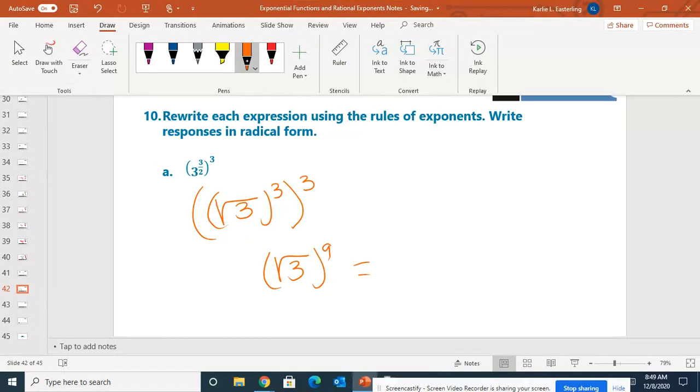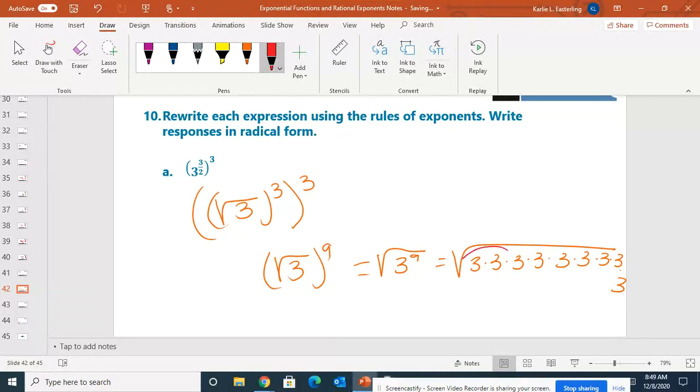The way that I would look at this is whenever we're doing square roots, you can write this 9 times. So I then like to look at this as 3 to the 9th. So let's write that out 9 times. So 1, 2, 3, 4, 5, 6, 7, 8, 9. Barely fit on there. So let's start circling some pairs.